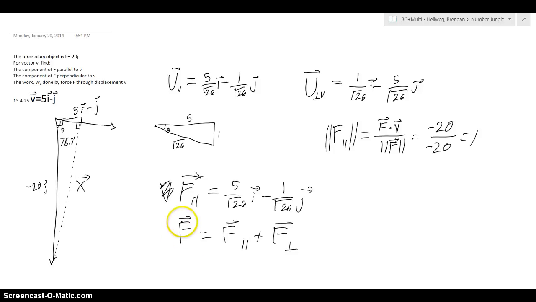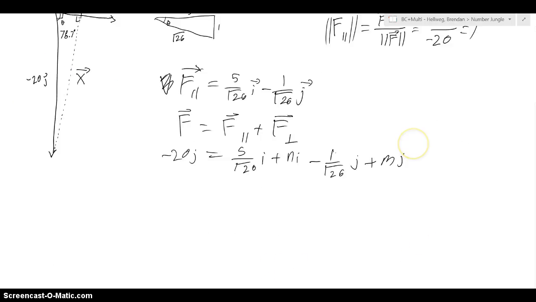We can see that vector F is made up of its component parts, that is to say it will be equal to vector F parallel plus vector F perpendicular to vector V. Now we can write that out as negative 20j equals 5 over the square root of 26 i plus, let's say, n i, minus 1 over the square root of 26 j, perhaps plus m j.